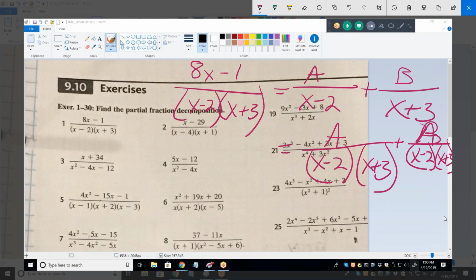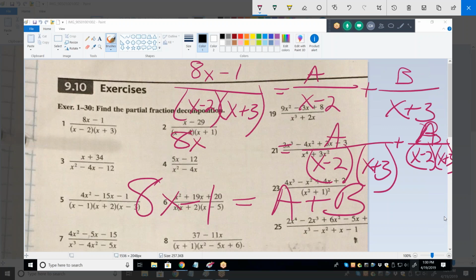So what this tells me is 8x minus 1 has to equal A plus B, because the denominators are the same. In other words, I have A, x minus 1 over x minus 2 times x plus 3.